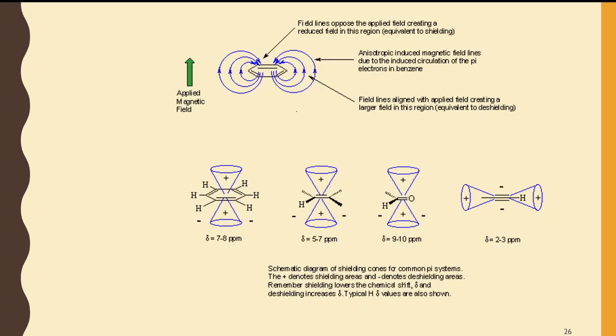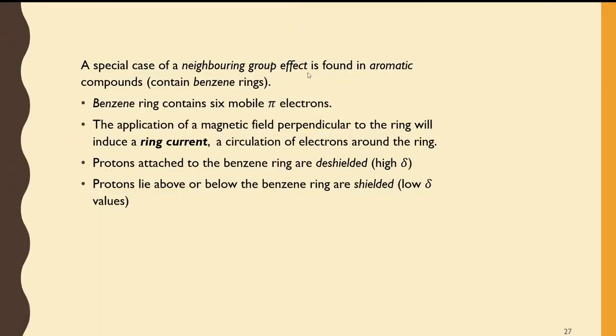You have the anisotropic field, with the pi bonds here. You have the area where it's shielding, and the area where it's deshielding. You have the ring current, the circulation of electrons around the ring. So protons attached to the benzene ring are deshielded, whereas those that lie below and above the ring are shielded.